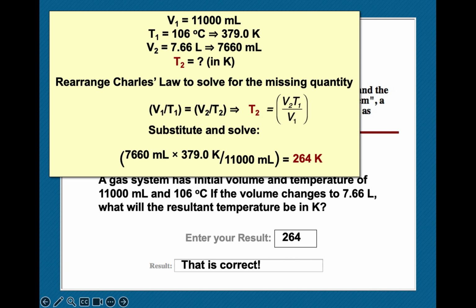What would this be in centigrade? You would take 264 and subtract 273. Any questions? On Blackboard, both Boyle and Charles look just like this.